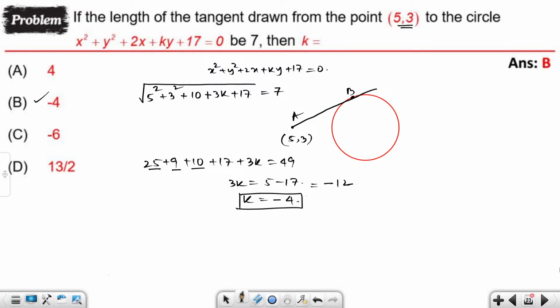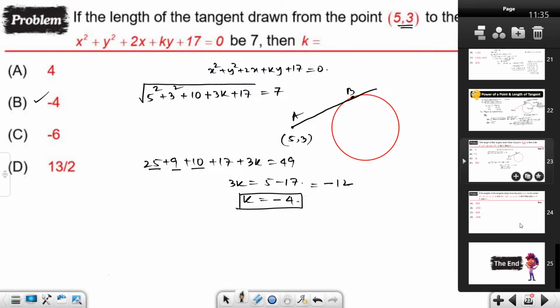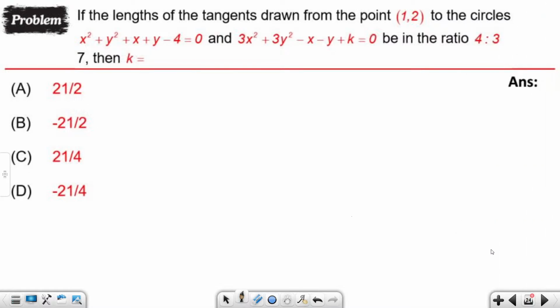Okay. Chalo. Next problem. Let us come to this. Read the question carefully. If the length of the tangents drawn from the point 1, 2 to the circles, these two are different circles, be in the ratio 4:3, 7. 7 means the length of the tangent is 7.